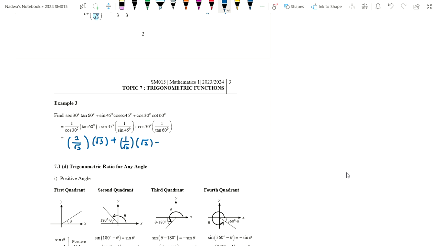Cos 30 is root 3 over 2. 1 over tangent 60 is 1 over root 3. Then we have to calculate all this, and it will equate to 7 over 2.